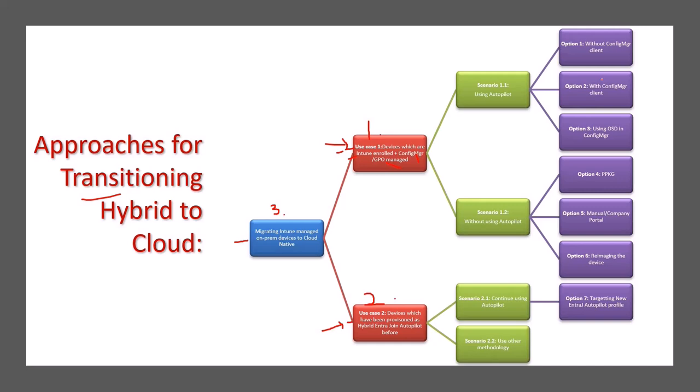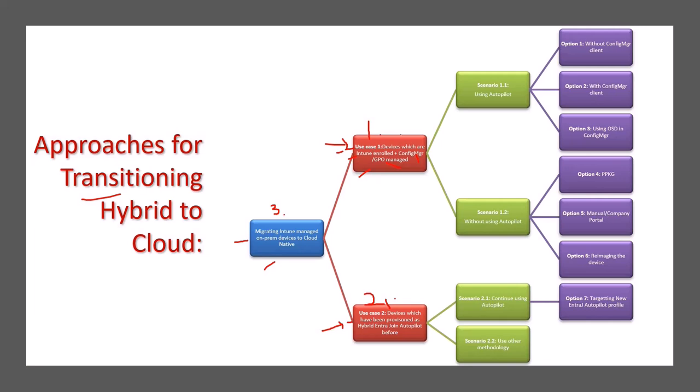As of now, let's not overcomplicate things. I just want you to understand what this block is talking about. This is what we are trying to achieve: migrating devices from on-premise hybrid Azure AD join to cloud native. Now, your current status can be either this or this.